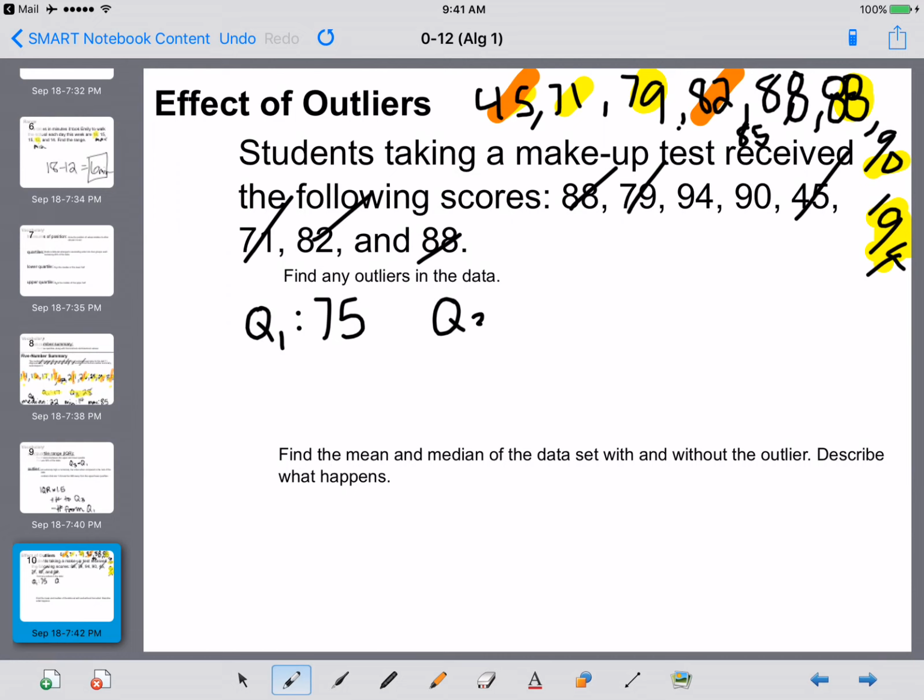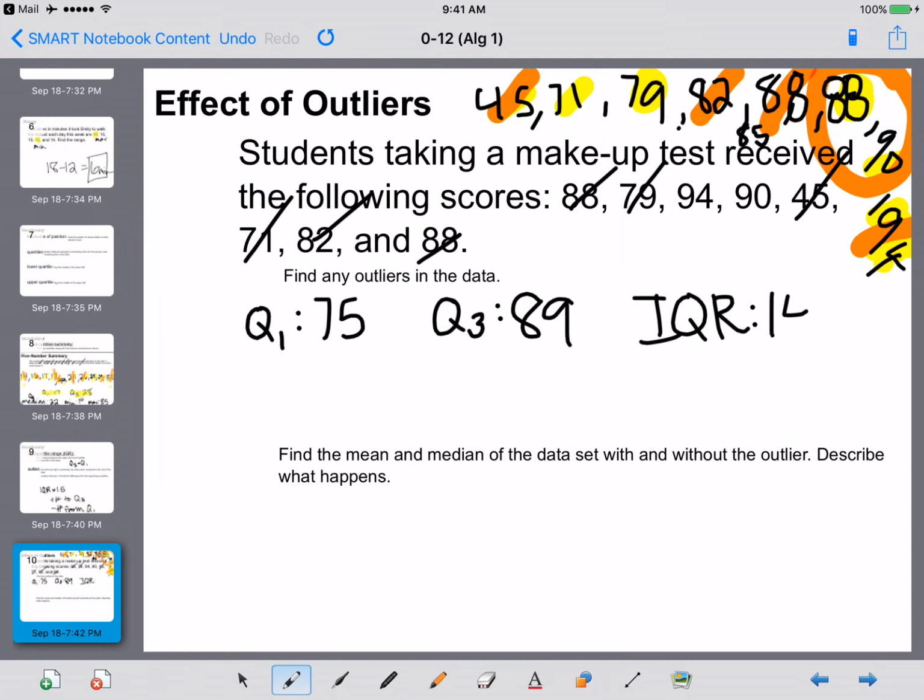We need to know our quartile 3. So small, big, it's somewhere between 88 and 90, and I know that the number between 88 and 90 is 89. Then our IQR is our quartile 3 of 89 minus our quartile 1 of 75 to get us 14.